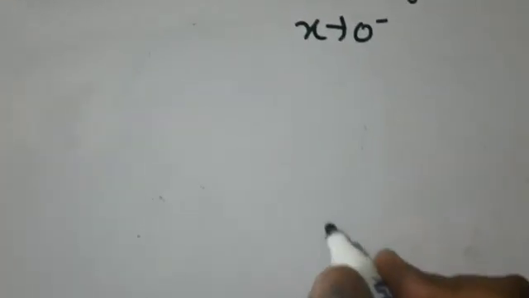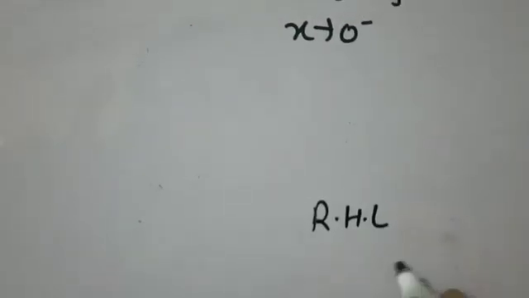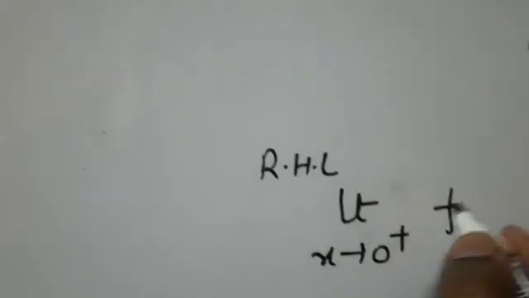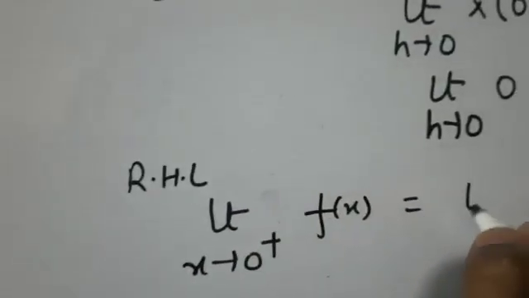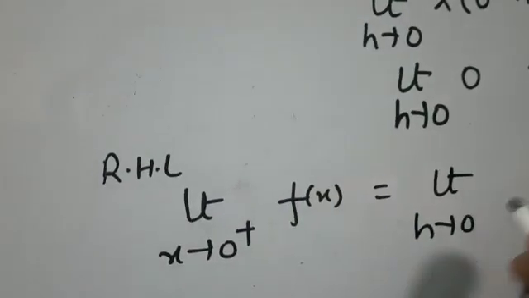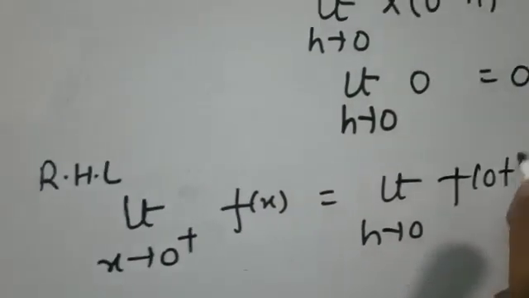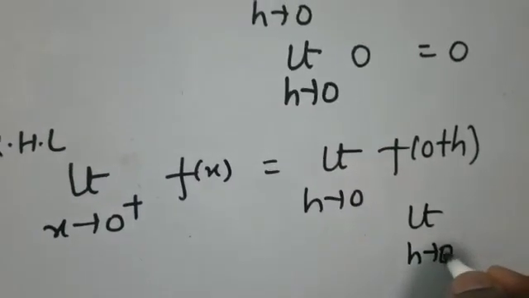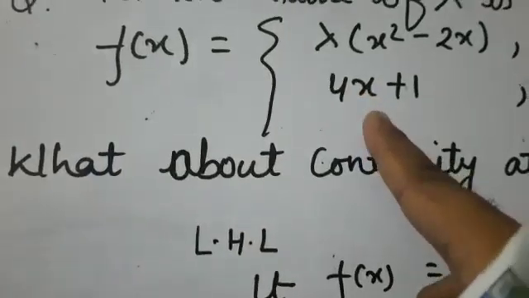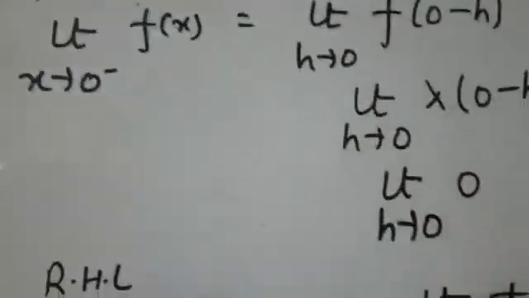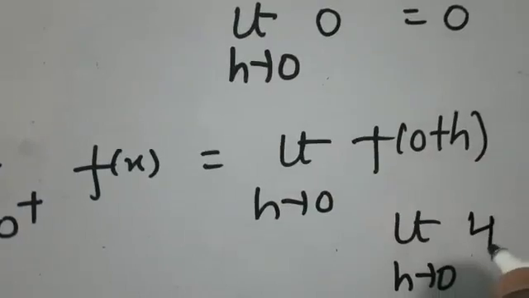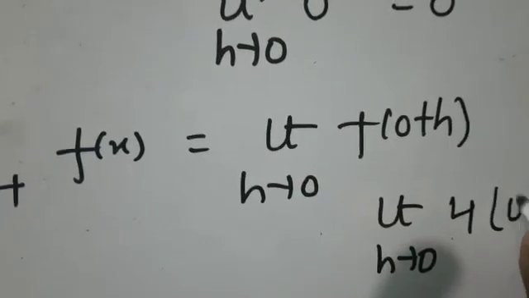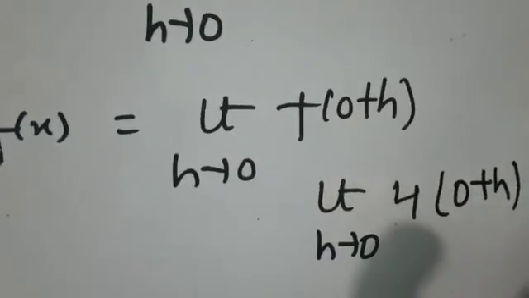Now for the right hand limit, x tends to 0 plus, f(x) is equal to limit h tends to 0 of f(0 plus h). Now what is our function? Our function is 4x plus 1. In place of x we put 0 plus h, plus 1.